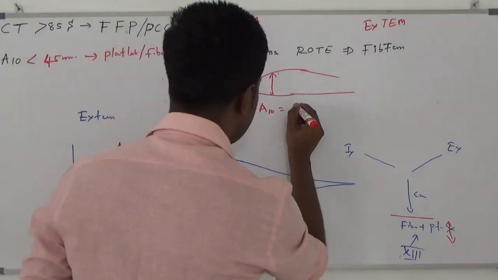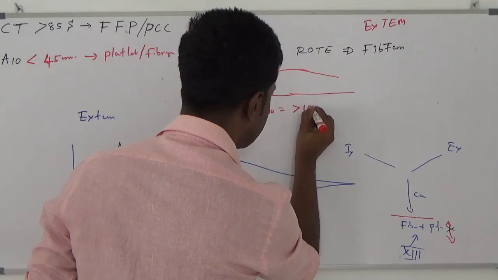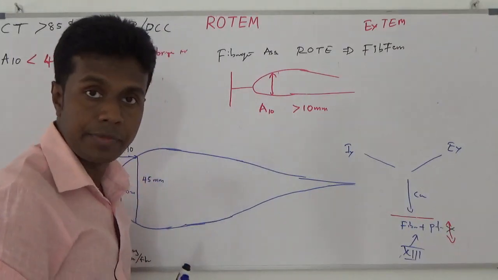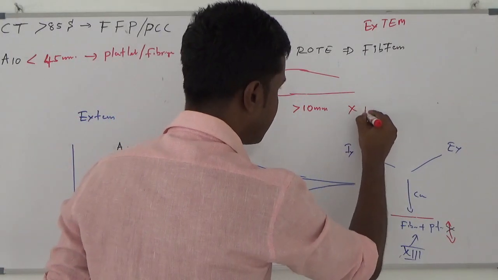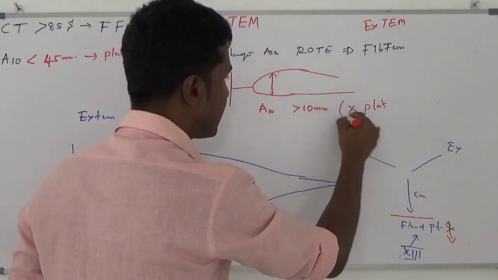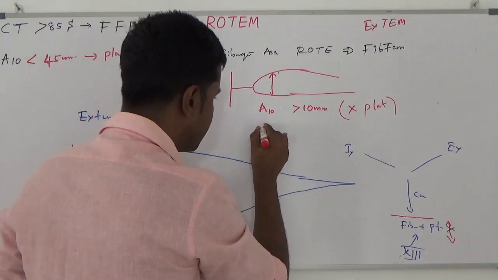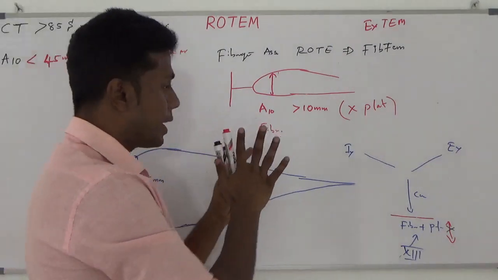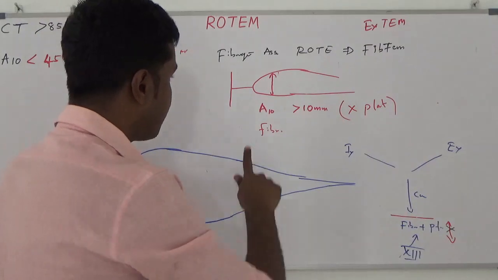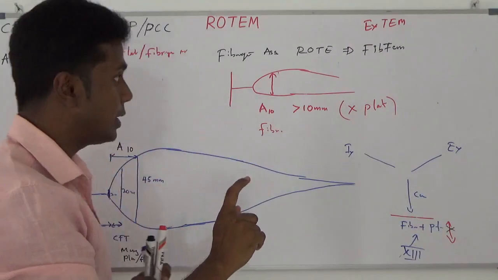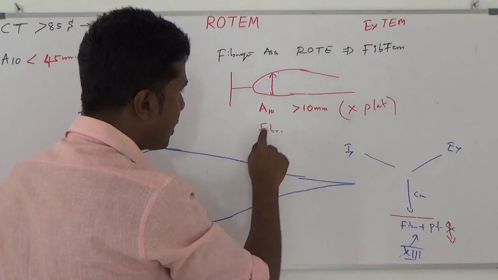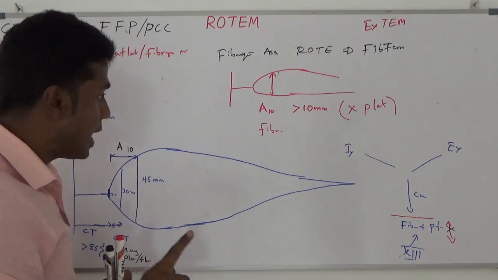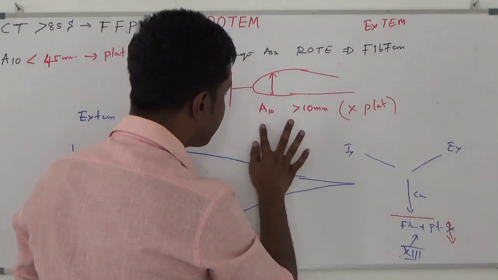If I find more than 10 millimeter of A10, even after neutralizing the platelet, that means I have enough fibrinogen. I will repeat it again for you. After running the FIBTEM, if I find A10 more than 10, that means I have enough fibrinogen.